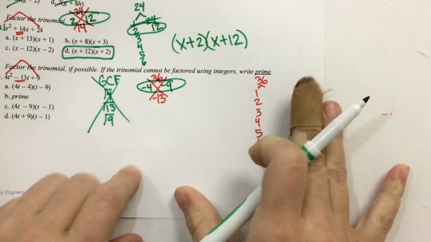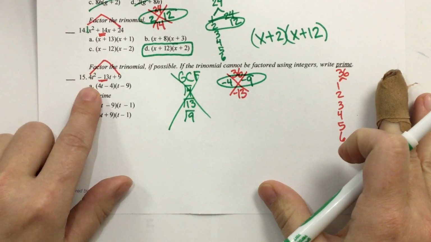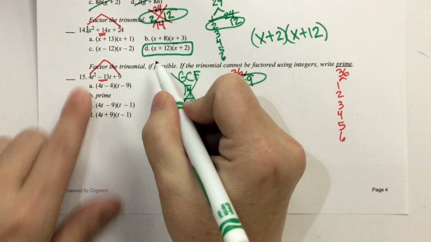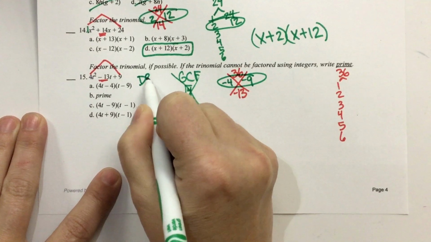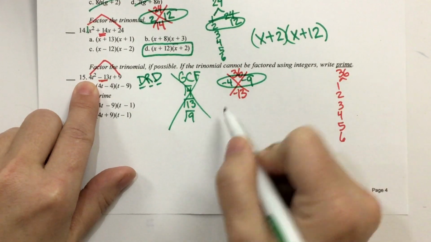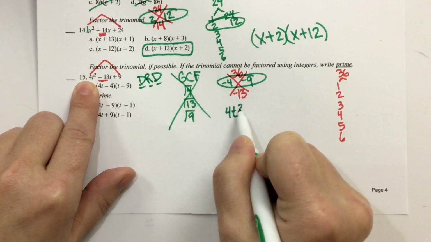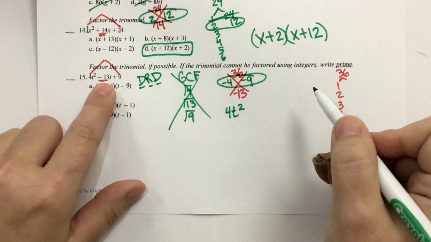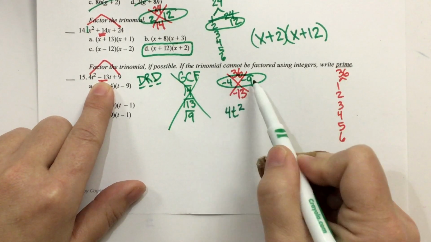Okay, so when there is not a 1 in front, we have to do it the long way. So this is what I call Dr. D. Drop, replace, drop. So I drop the 4t squared. I replace the -13t with these guys.